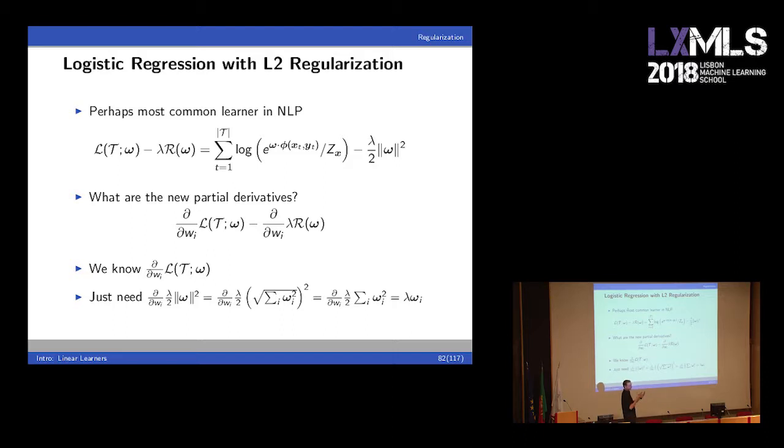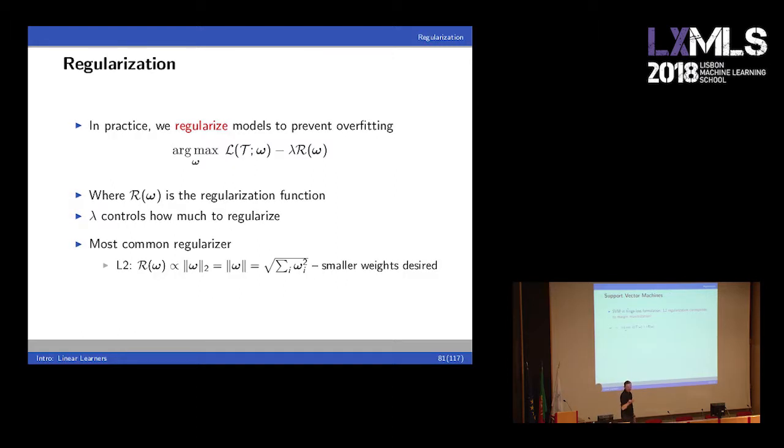Intuitively, at each step of the optimization, you are pulling back your gradient-based step by lambda times minus wi. So you're making sure that you can't overfit on the training data. If you set this lambda to a high value, then you're going in the direction of the gradient, taking one step forward and half a step backward. And for support vector machines, yeah.